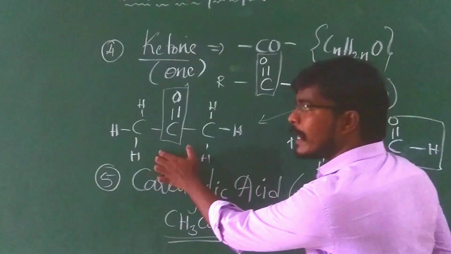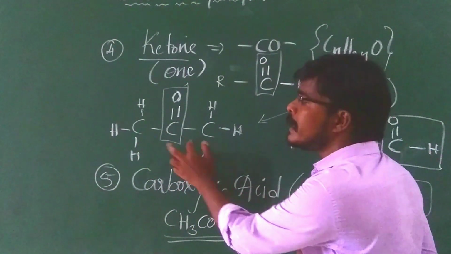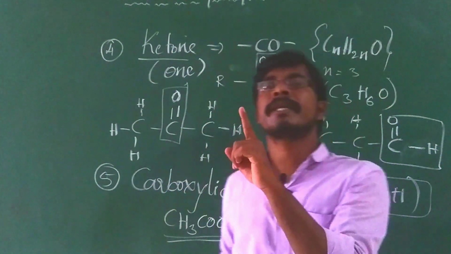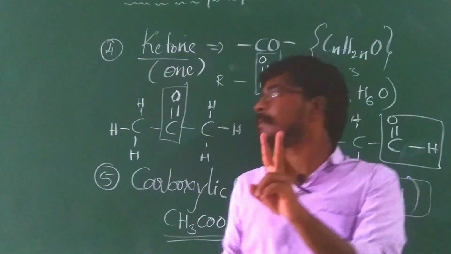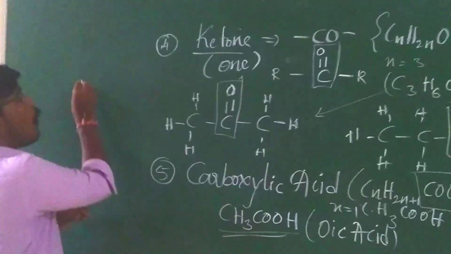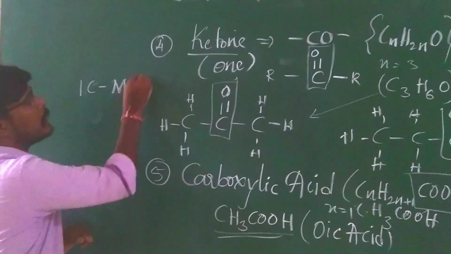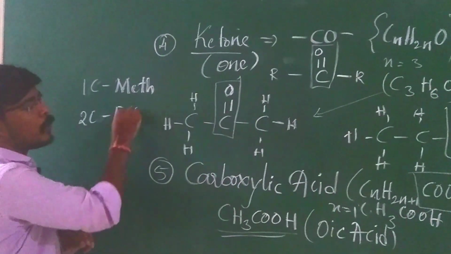A simple example I took here now. How many carbon atoms? 1, 2, 3. 3 carbon atoms means it is called "prop". 1 carbon atom means "meth", as in methane. 2 carbon atoms means "eth", the prefix word is eth.